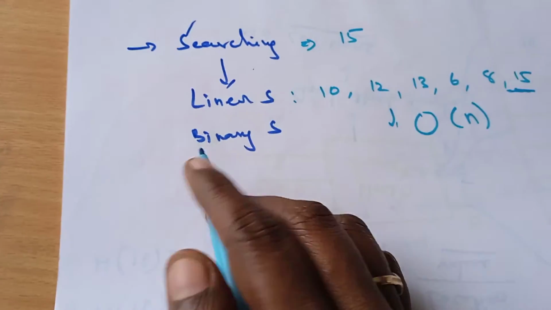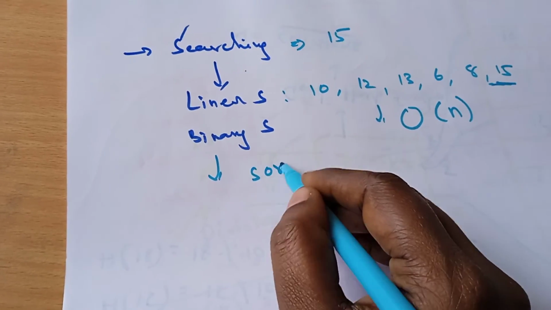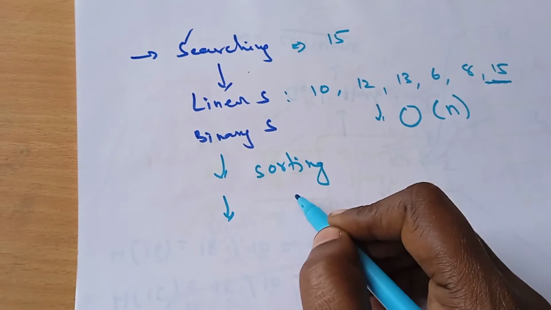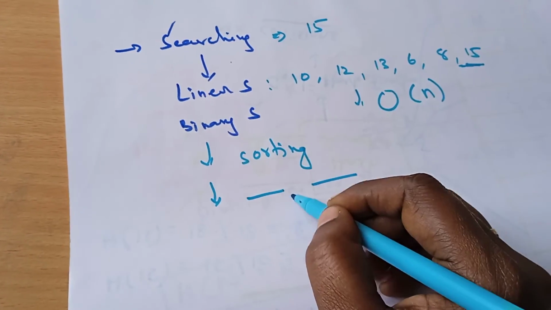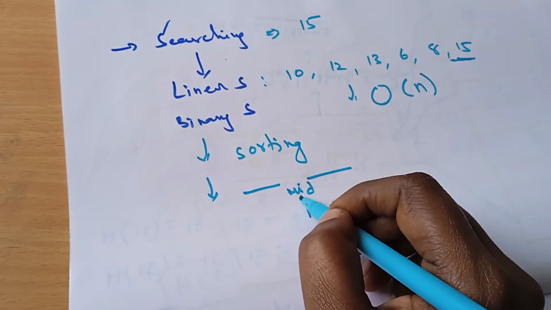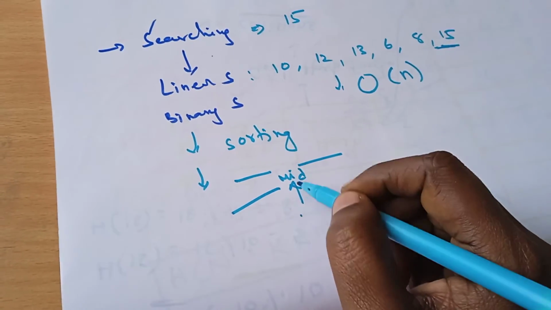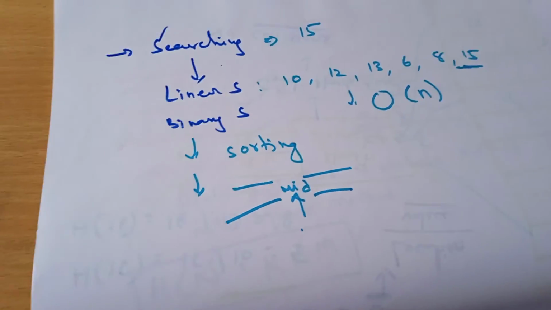As far as binary search is concerned, we will be sorting the list before approaching the searching, and then we'll be dividing the search into two halves based upon our middle element. If my key element is less than the middle, the search will be on the left side. If my key element is greater than the middle, the search will be on the right side.